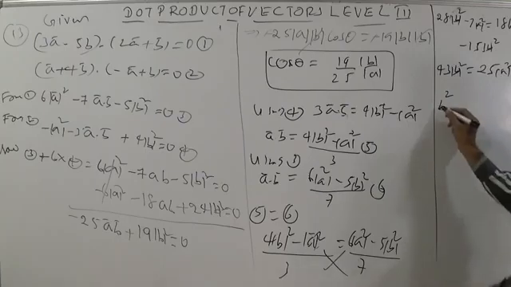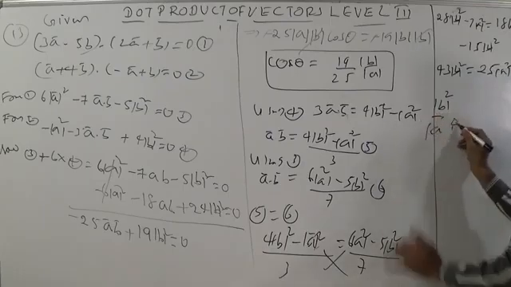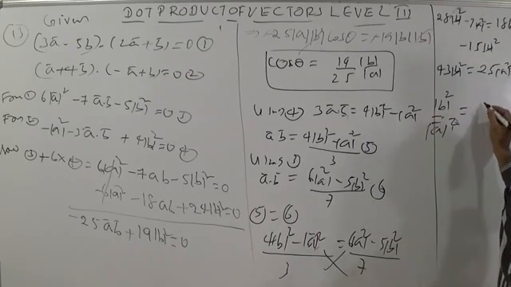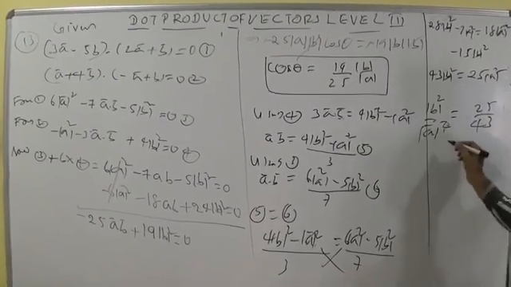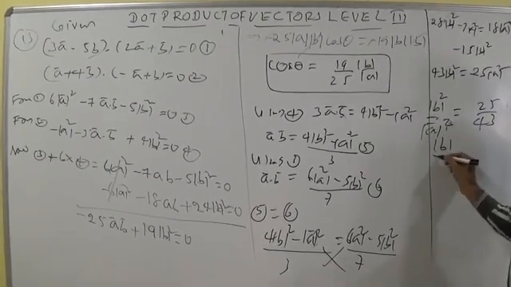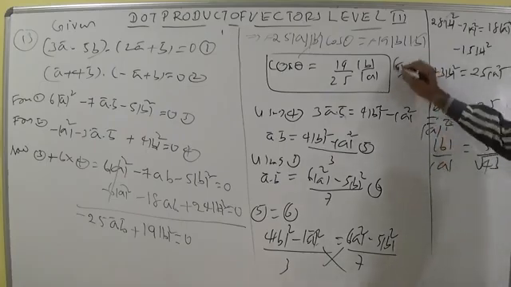Now you can write |b|²/|a|² equal to 25/43. Taking the square root, now you write |b|/|a| is equal to 5/√43. Let it be Roman number 1.